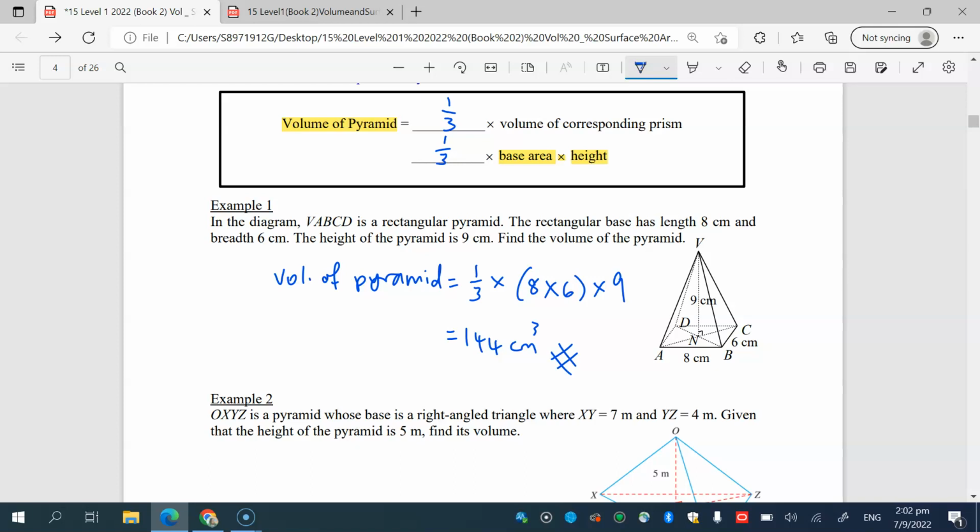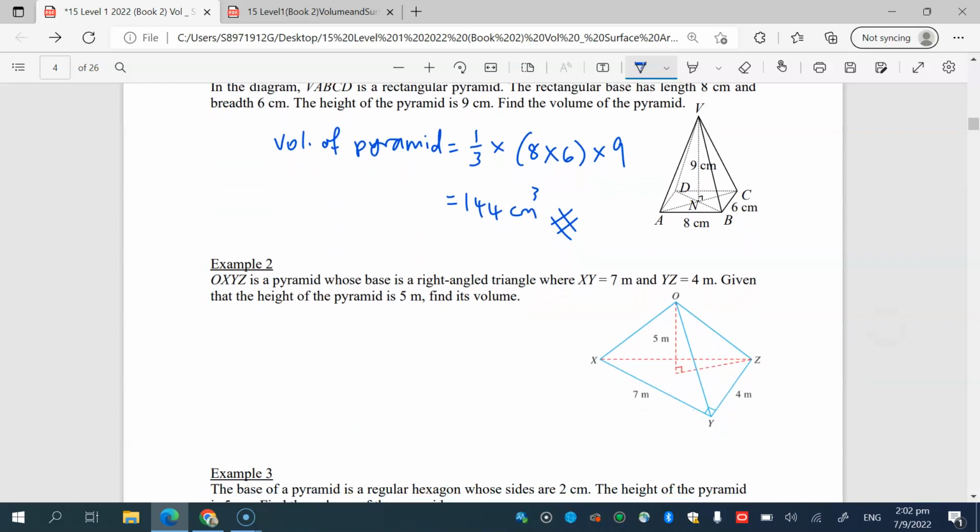Okay, next question. Example 2. OXYZ is a pyramid whose base is a right-angled triangle where XY is 7 meters, YZ is 4 meters. Given that the height of the pyramid is 5 meters, find the volume. So volume of pyramid is again 1/3 base area times height. So it's 1/3 times the base area. Now the base is a triangle in this case, right?